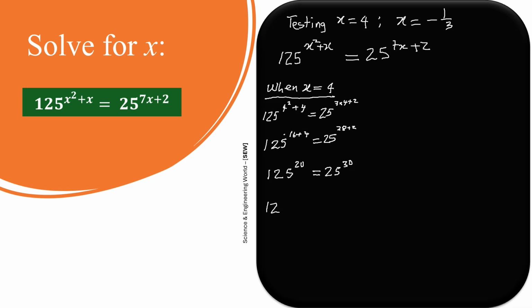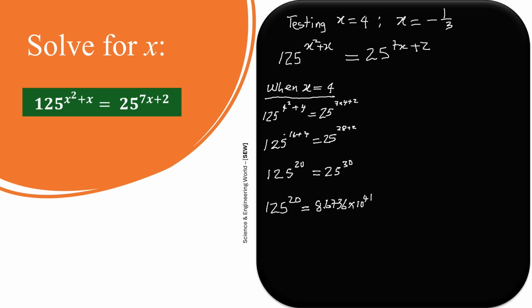125 to the power of 20, putting this in the calculator gives us 8.6736 times 10 to the power 41.